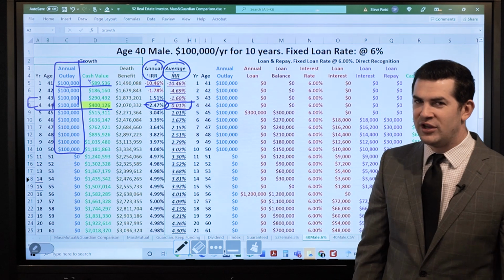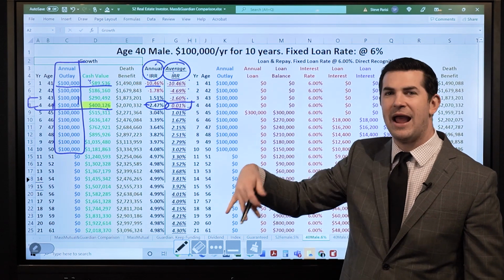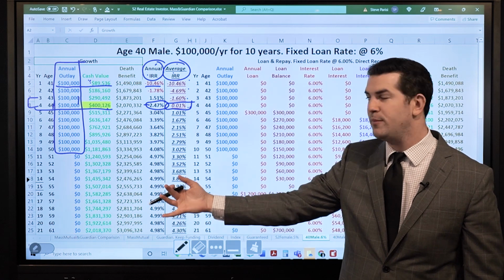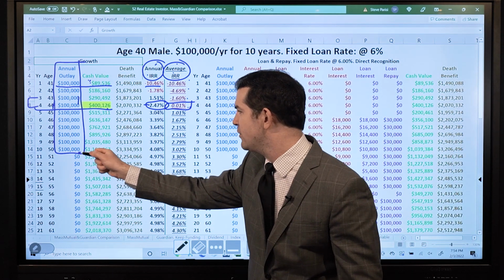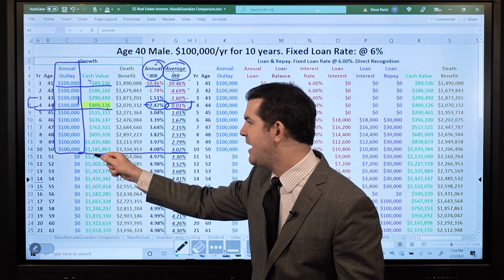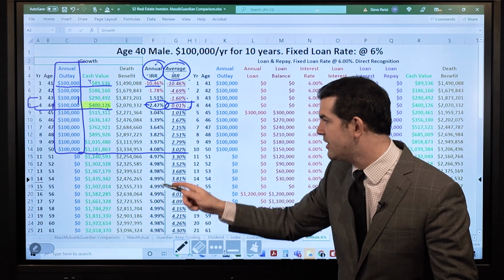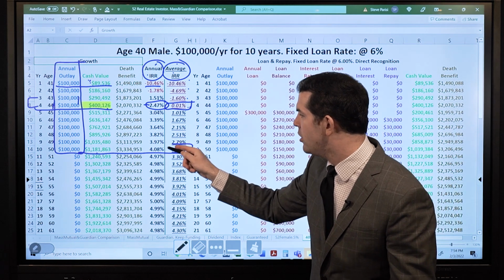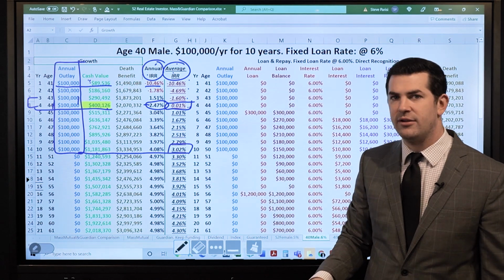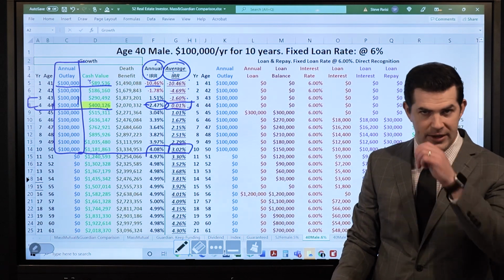So the average internal rate of return accounts for the early years. What's my average growth rate over a certain period of time? By year 10, for example, I've paid in a total of $1 million. I have $1,181,000. So my average IRR, 3%. My annualized IRR is 4.08%.